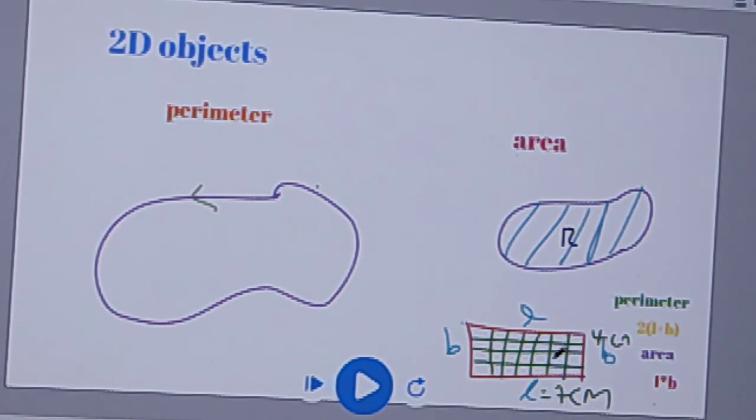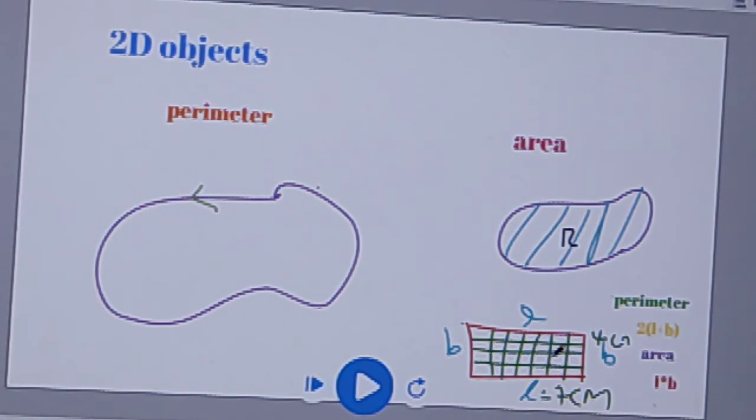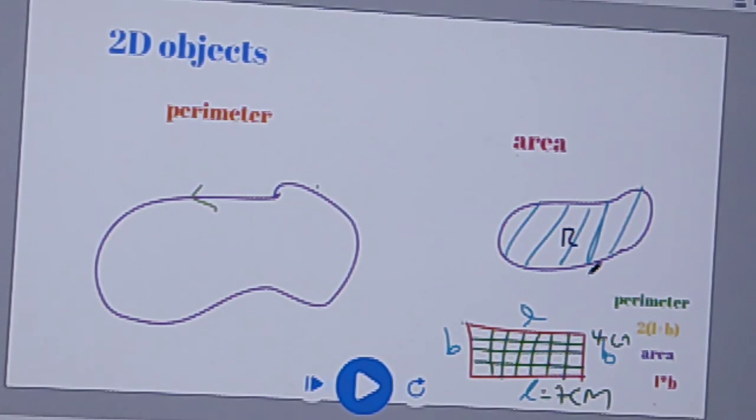You can take the example of agricultural fields. The area of the fields can be divided into partitions, and by finding the area of the partitions, this is how we can define 2D objects also. So this is the 2D object, perimeter and area.